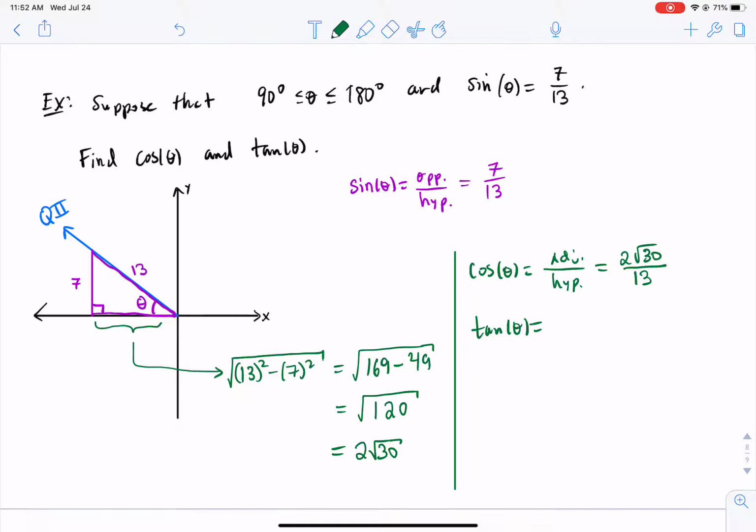And what about tangent theta? That will be opposite over adjacent. And what is this going to be? It will be 7 over 2 square root of 30. These are going to be the answers for that.